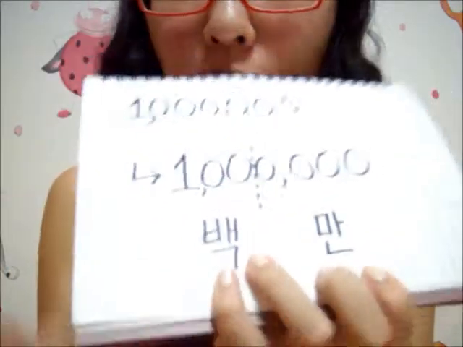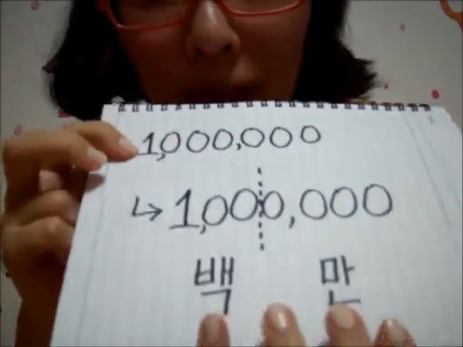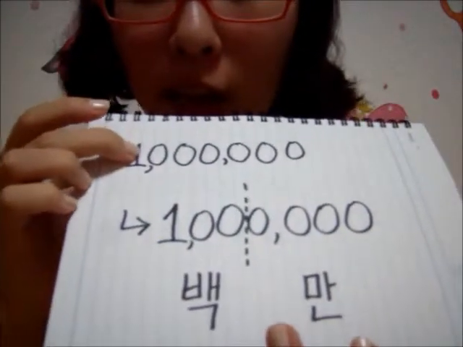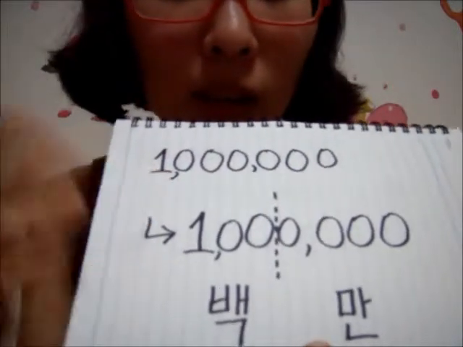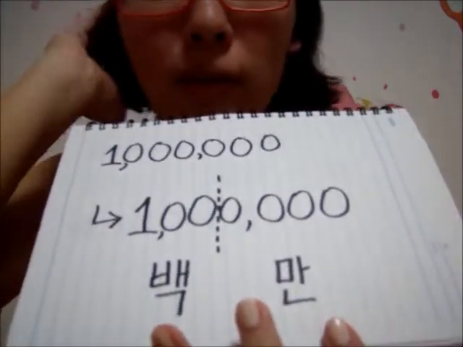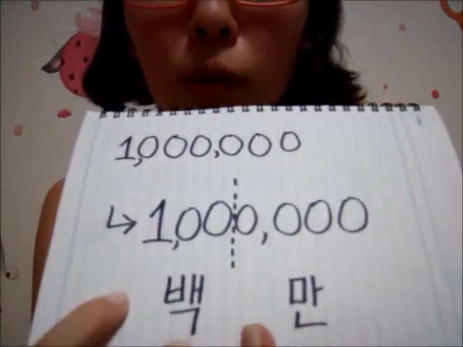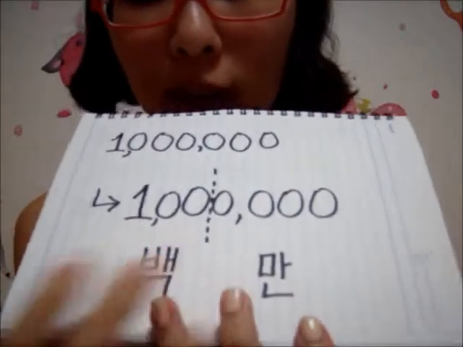And how things are counted: if you have a million, you would just say a million in English because there's only one number before the comma, and you count things by 3 zeros. But that's not the case in Korean, or a lot of Asian languages that are based off Chinese.